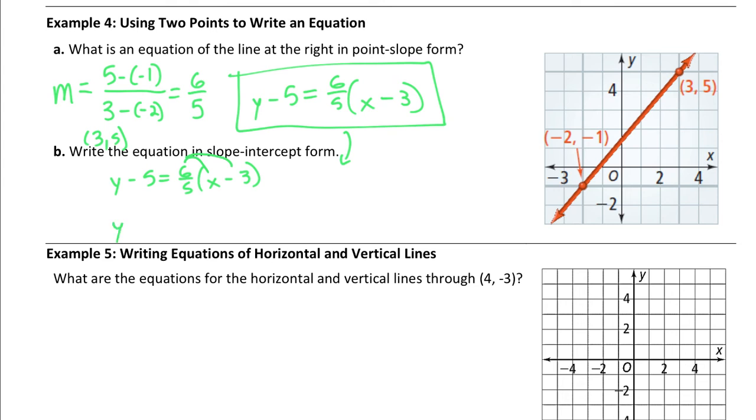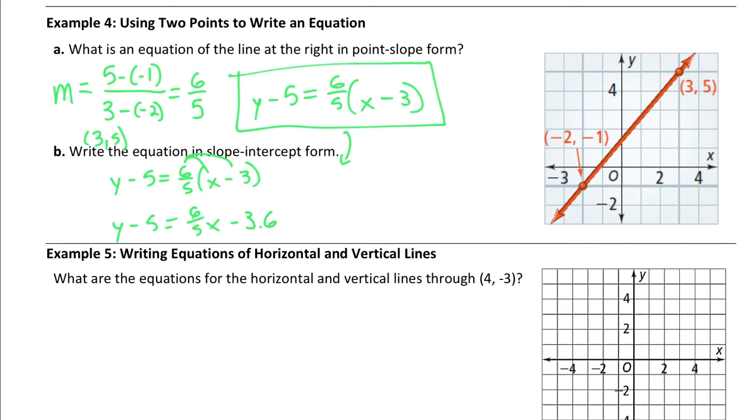So this becomes y minus 5 equals 6 over 5 times x minus 18 over 5. Now, if you don't want to deal with that as a fraction, 18 over 5 is really 3.6. I'm okay with you using a decimal at that point.